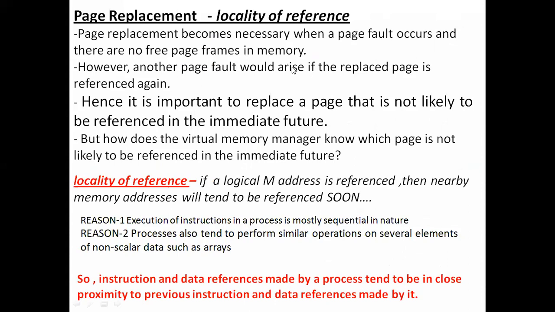The basic concept is, suppose a logical memory address is being referenced, in a set of memory locations. If I'm able to access a logical memory address, then nearby memory addresses will tend to be referenced soon. What do you mean by this?